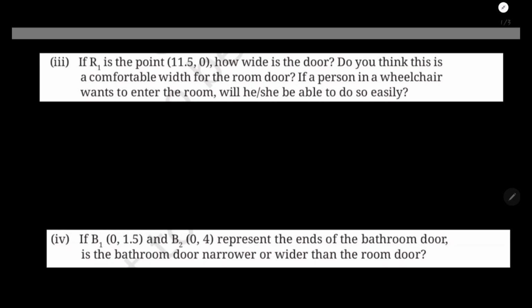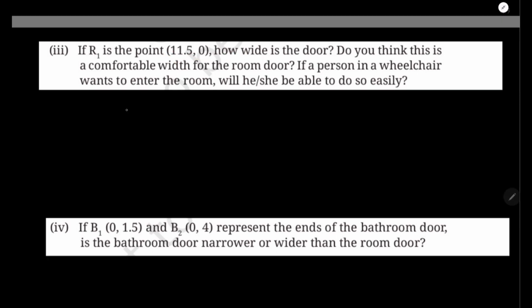The third problem: if R1 is the point (11.5, 0), how wide is the door? The coordinate of D1 is (8, 0) and R1 is (11.5, 0). The question is, how wide is the door? So we should find the distance between these 2 points.